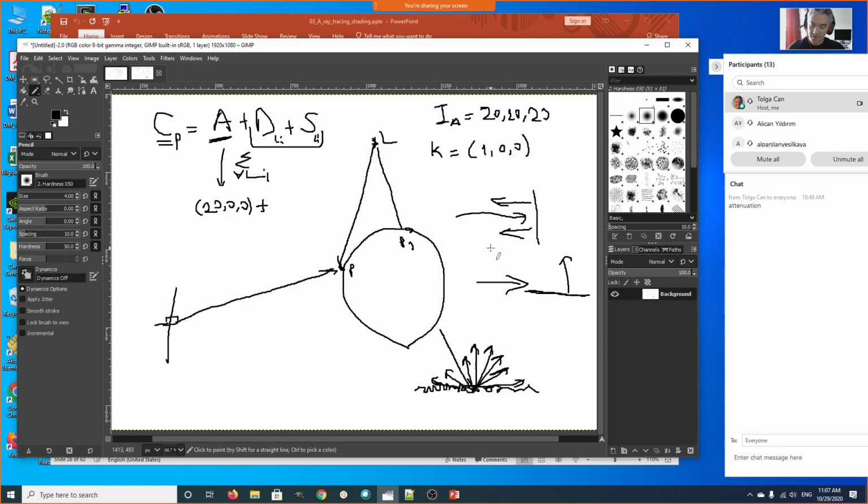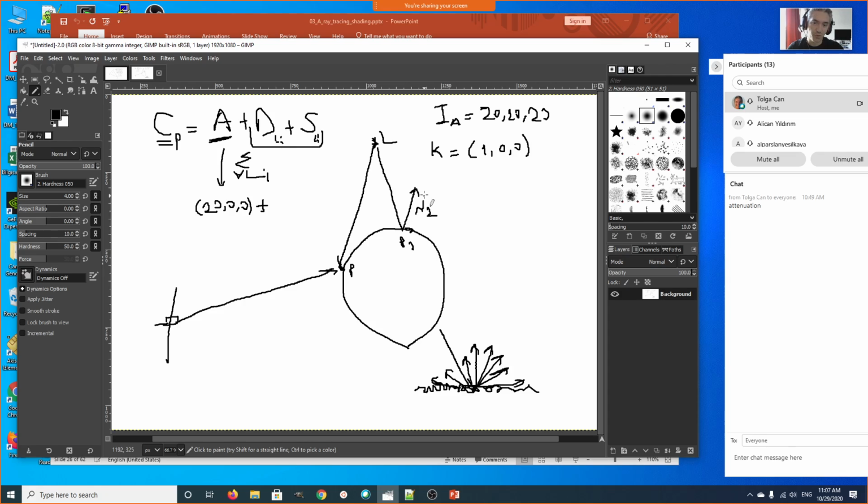Now, in the diffuse component, we are basically doing this. Let's call this the surface point. We take the normal of the surface at this point, which is the more correct way to do it.